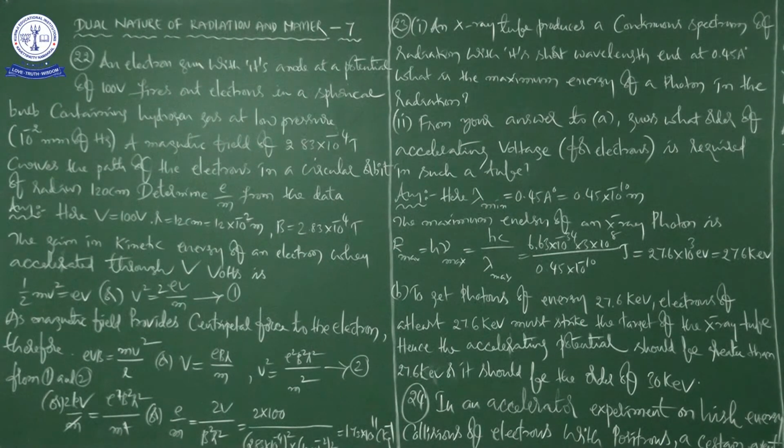Low pressure means 10 to the power of minus 2 mm of Hg. A magnetic field of 2.83 into 10 to the power of minus 4 Tesla curves the path of the electrons in a circular orbit of radius 12 centimeters.